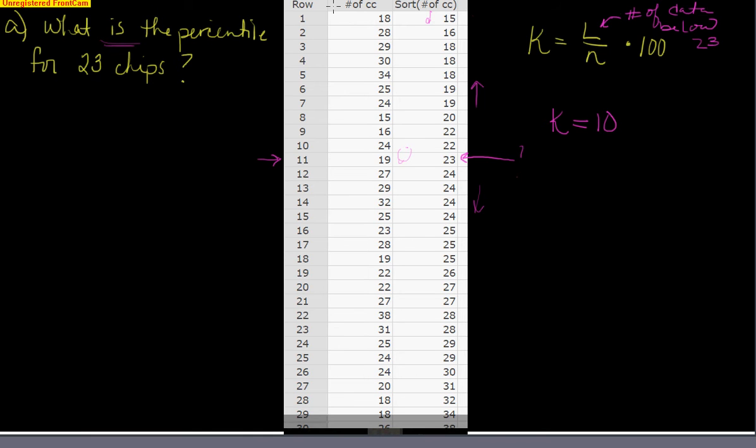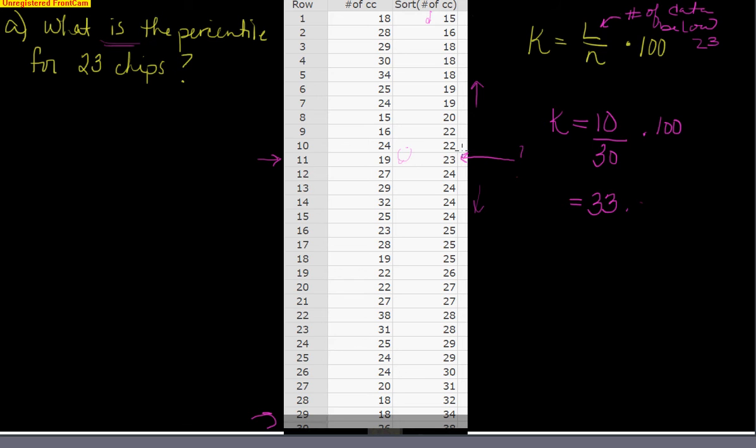So there are 10 cookies with less than 23 chips. So 10 is our L, divided by N, which is our total data points. We've got 30 down here. All right, 10 divided by 30, and we're going to multiply that by 100. You can go ahead and do that on your calculator, and you will discover that that equals 33.